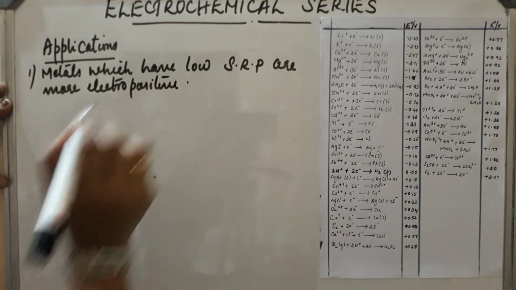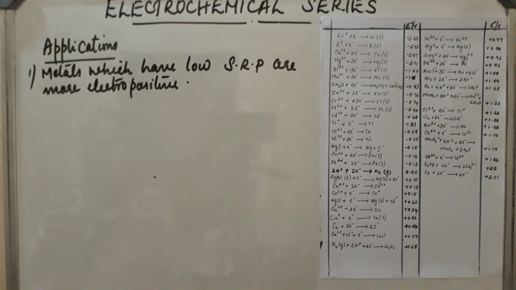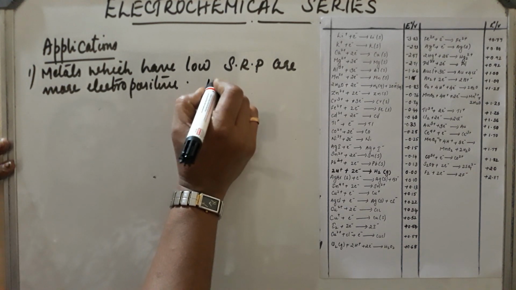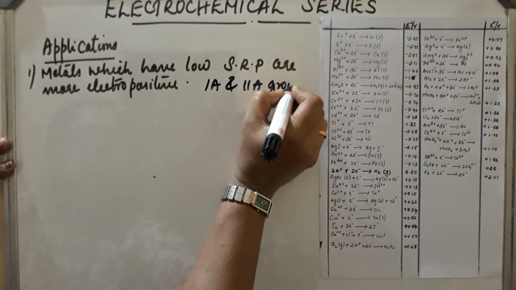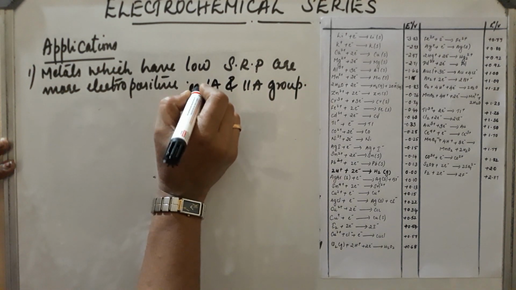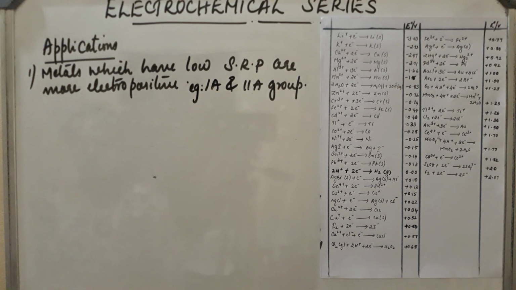So we know lithium, potassium, etc. are more electropositive. SRP less than or equal to -2, they are strongly electropositive. That is, 1A and 2A group elements are highly electropositive.